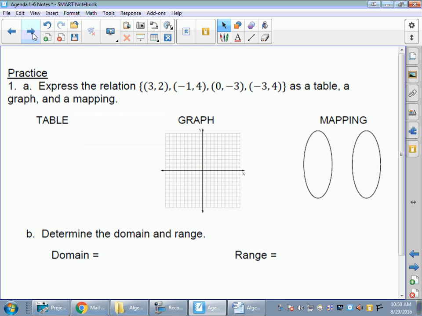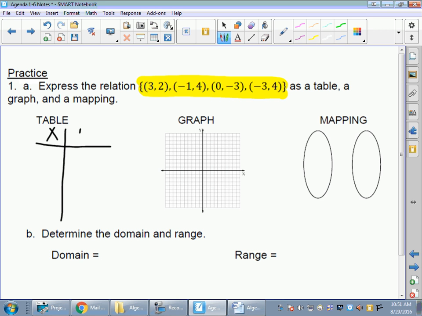So for practice A, the directions tell you to express the relation with 4 ordered pairs as a table, a graph, and a mapping. Obviously, I already gave you the ordered pairs, so I don't really want you to rewrite those. So here's our 4 ordered pairs. If we're going to make a table, we're just going to make an x, y table.